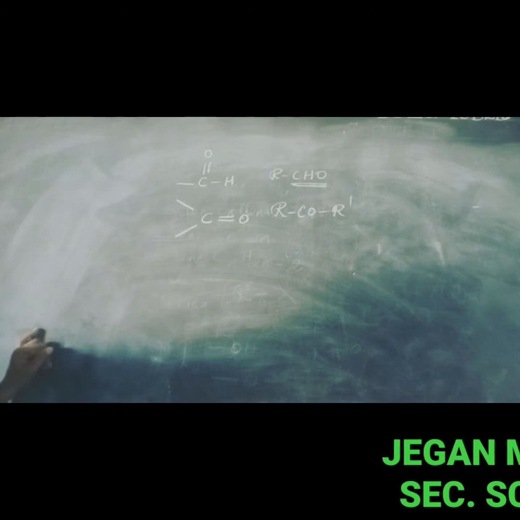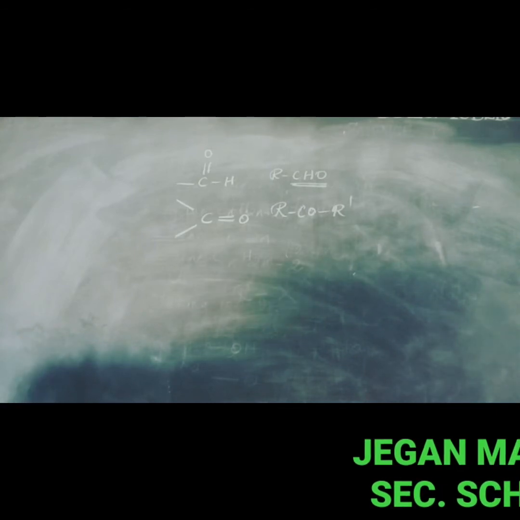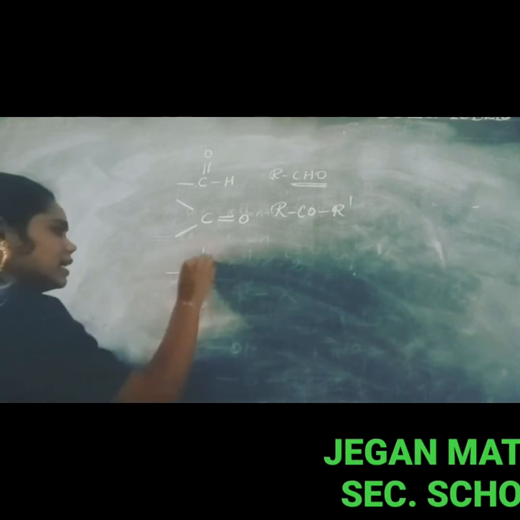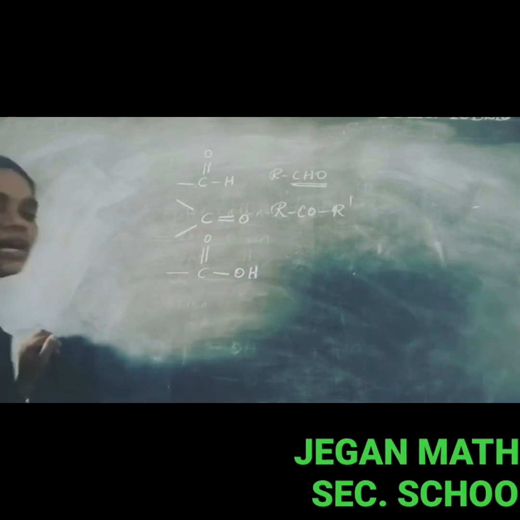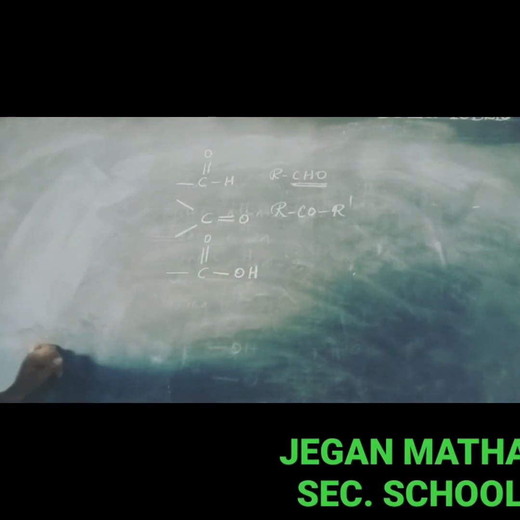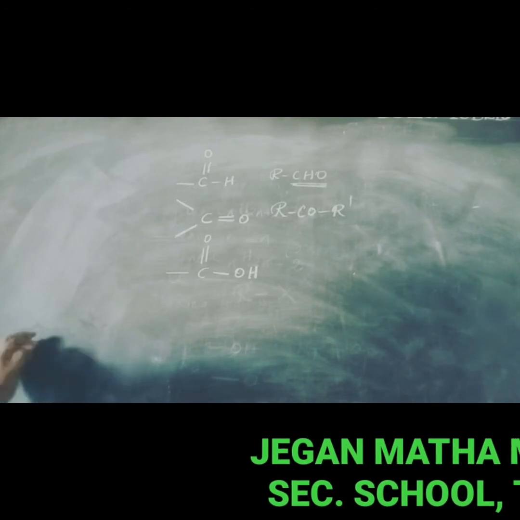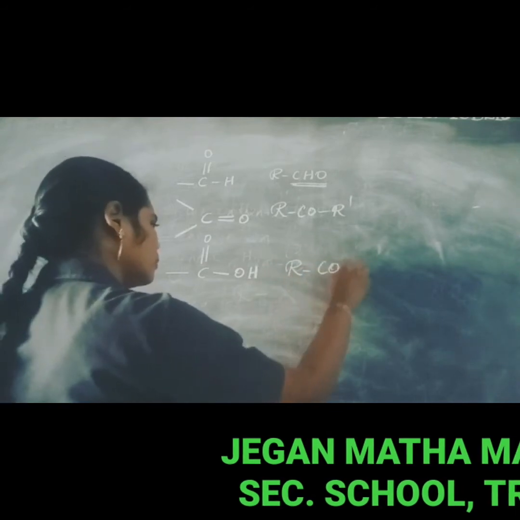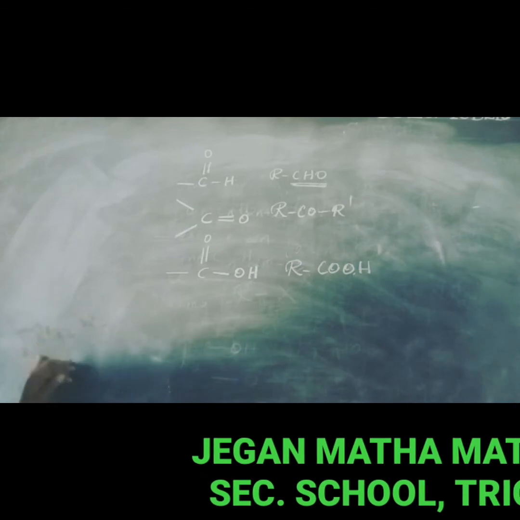And next one is carboxylic acid. The functional group for carboxylic acid is C double bond O, OH. So how to write the general formula? R-COOH. This is the carboxylic acid formula.